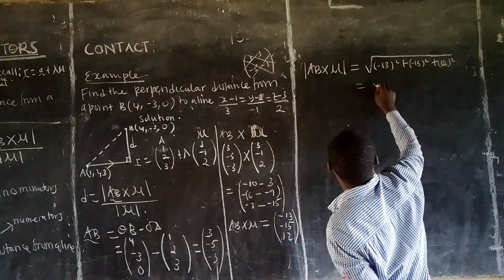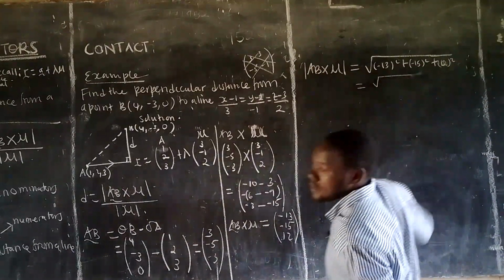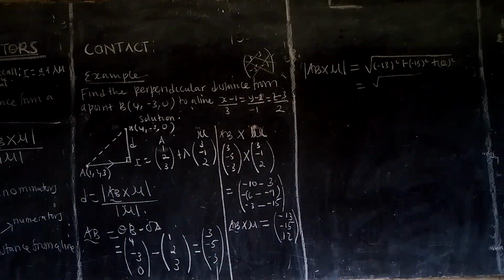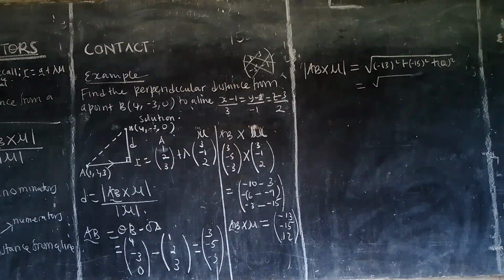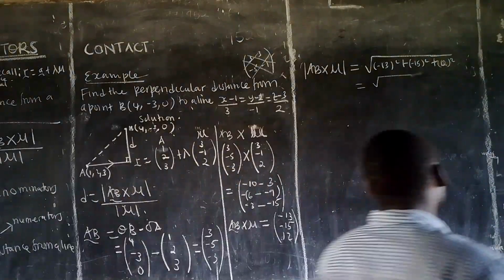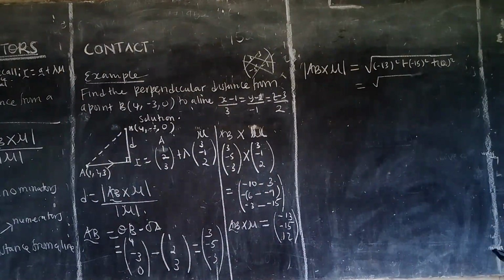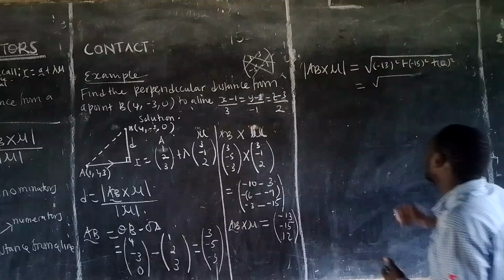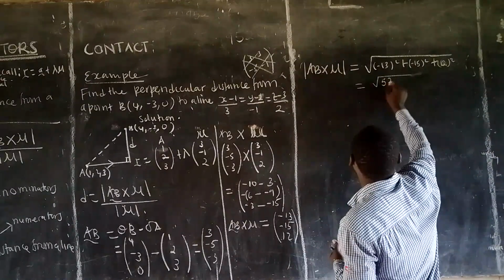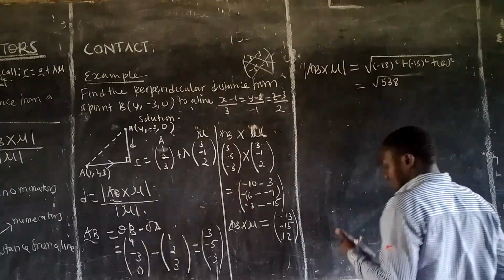Which answer are we going to have there? You get your calculator and we see how that can be done. Use your calculator. So that is negative 13 squared plus negative 15 squared plus 12 squared. The answer is 538. As simple as that.